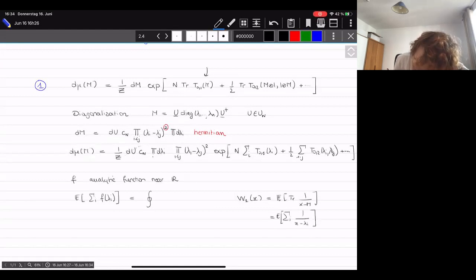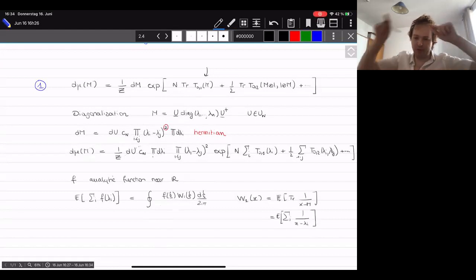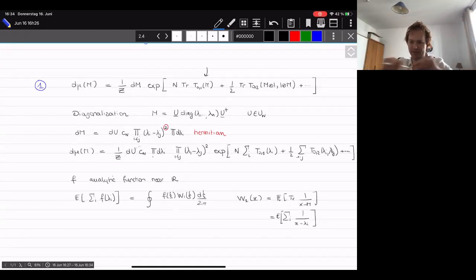You can use the Cauchy residue formula to write it in the following way using W1: the integral of dxi over 2 i pi, where the contour should surround all the possible eigenvalues, so should surround the real axis. If you don't like this, you can just say you truncate your model to have eigenvalues bounded, and then you take a circle around that.